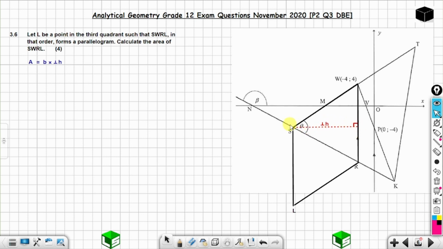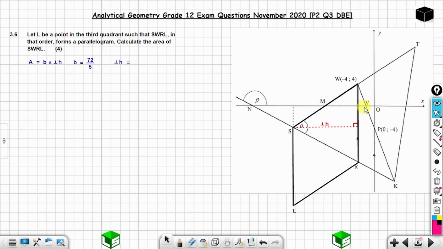So B is equal to 72/5 from 3.4. Okay, so the perpendicular height, can you see, is between this line and this line? Okay, between the two lines.